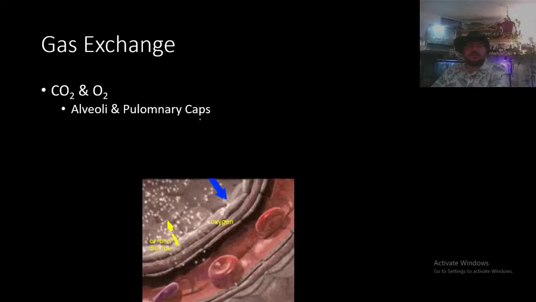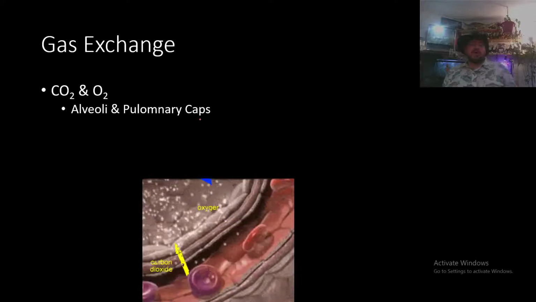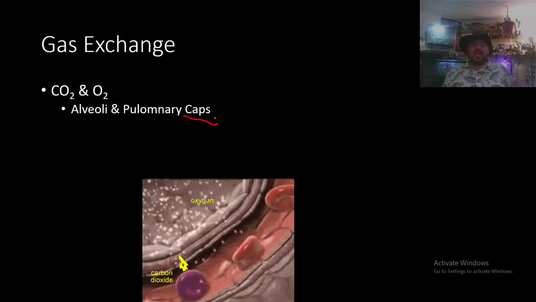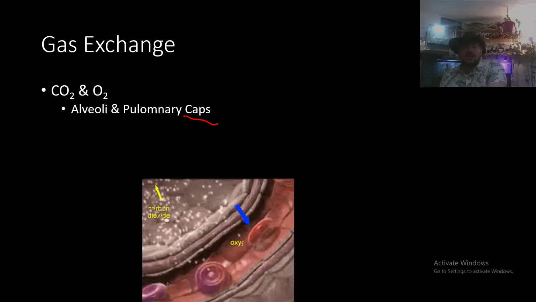Okay, gas exchange. I literally just mentioned that. But basically, in the alveoli and the pulmonary capillaries, we have the interface, and blood coming from the heart has a large amount of carbon dioxide from all that ATP production.